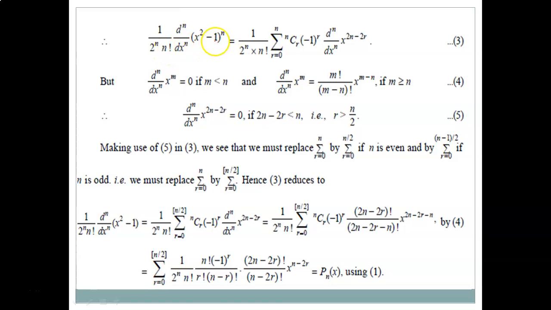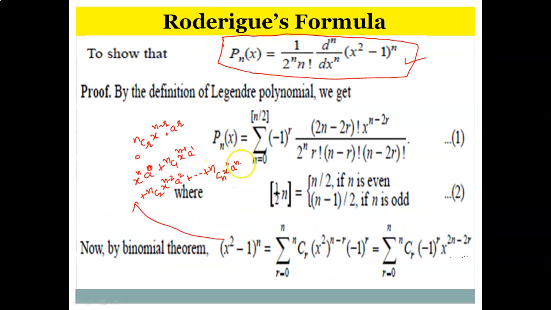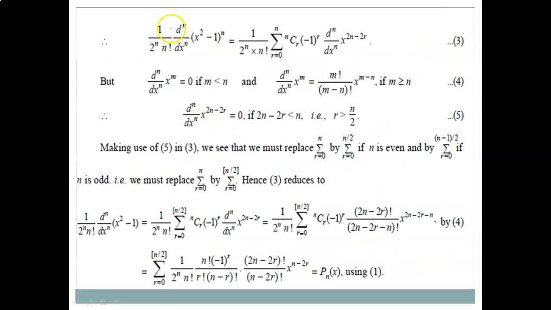Let us see what it can give us. Because we have obtained that (x² − 1)^n is equal to this summation, when we take the nth derivative with respect to x on both sides and multiply with the factor 1 by 2 raised to power n into n factorial, what do we get?